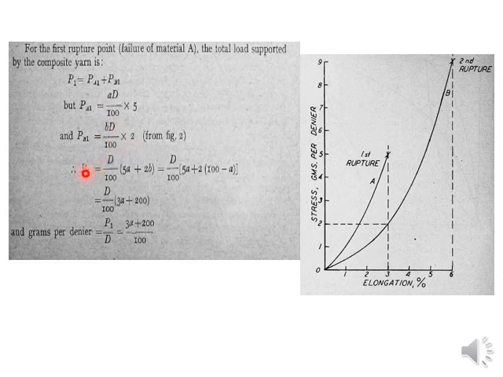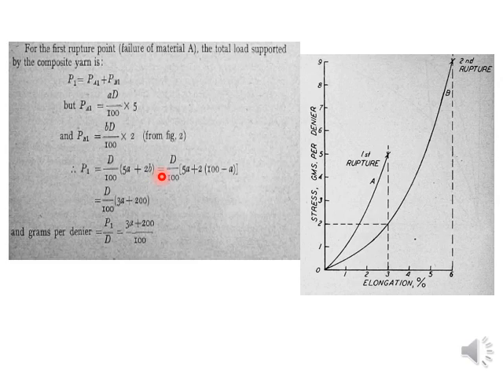So now we will solve this equation for P1. We put the values of PA1 and PB1. So this is D by 100. We have taken D by 100 common: 5A plus 2B. This 2B is coming from here.